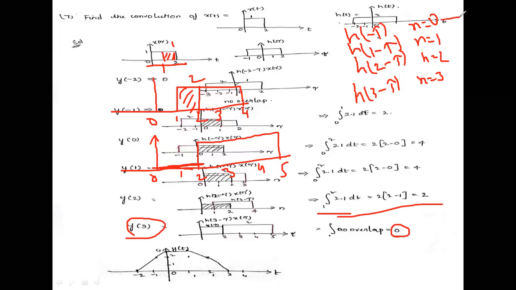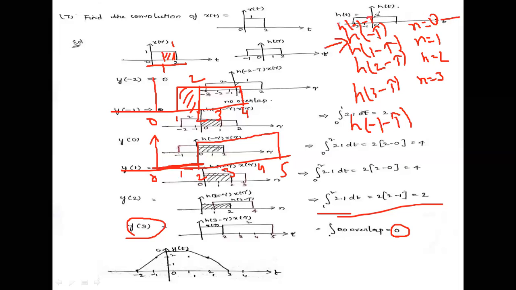If folding occurs at n is equal to 0, after folding it is minus 1, 0, 1 and 2. Now I am moving towards the left side, meaning the value is minus 1, minus 2, one sample at a time. These are centered here. 1, 2 and so on we are adding.